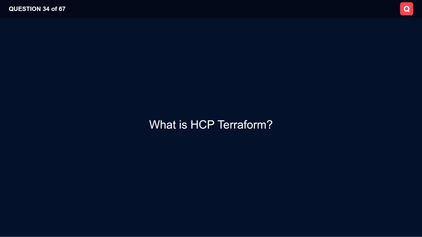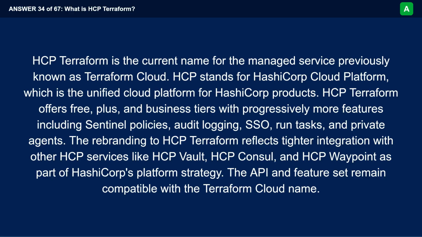What is HCP Terraform? HCP Terraform is the current name for the managed service previously known as Terraform Cloud. HCP stands for HashiCorp Cloud Platform, which is the unified cloud platform for HashiCorp products. HCP Terraform offers free, plus, and business tiers with progressively more features including Sentinel policies, audit logging, SSO, run tasks, and private agents.